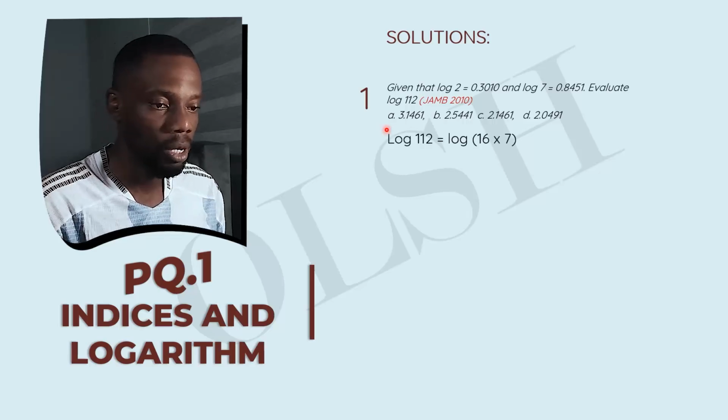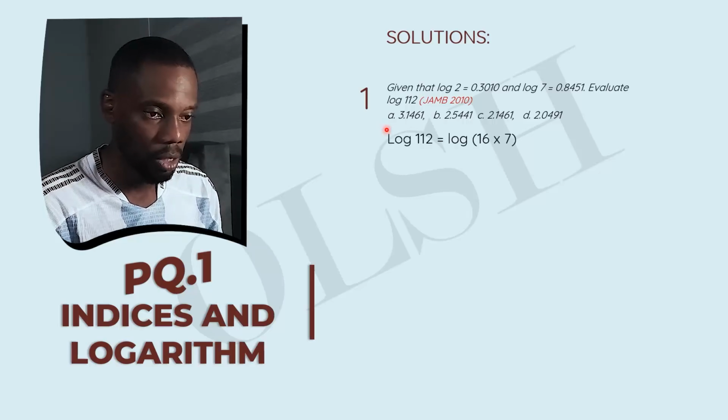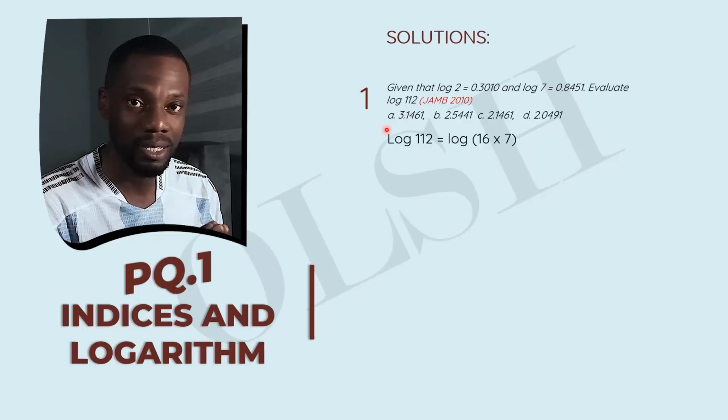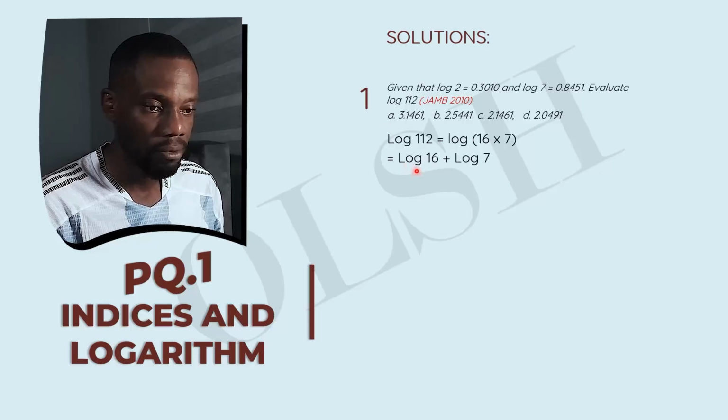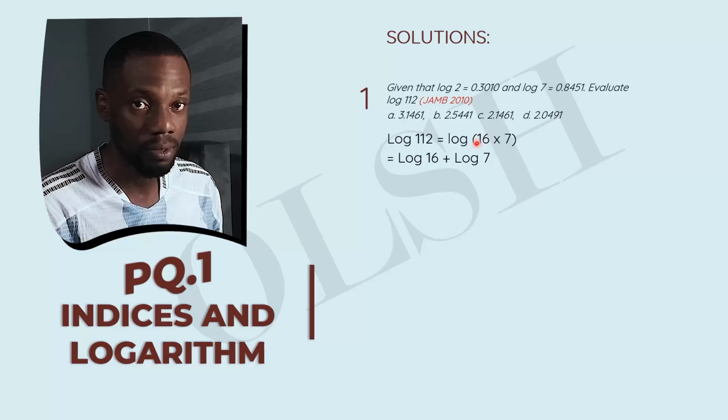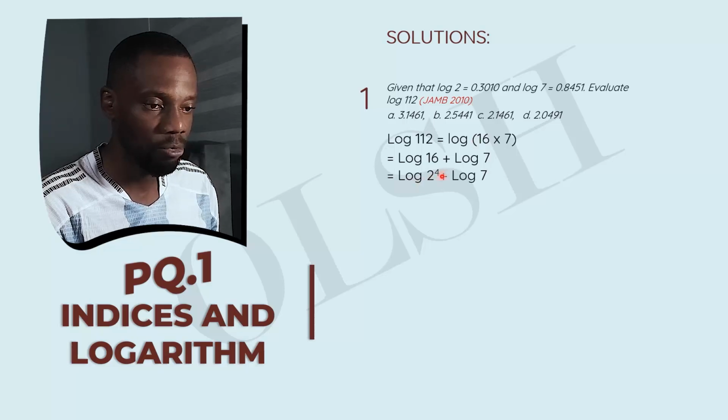So if you look at what we've done, we decided to take 16 and 7, which are multiples of 112. So we have log 16 plus log 7. We know that we can raise 2 to a certain power to get 16, and then we have log 2 raised to the power 4 plus log 7.